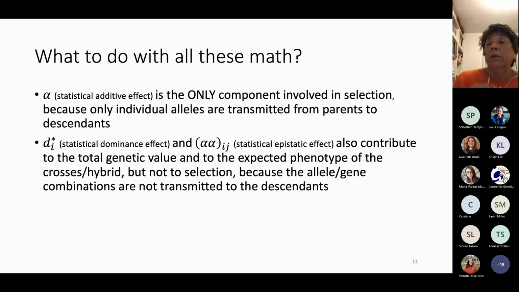The statistical dominant effect and the statistical epistatic effect also contribute to the total genetic value and to the expected phenotype of crosses or hybrids, for instance, but not to selection, because the allele or gene combinations are not transmitted to the descendants.